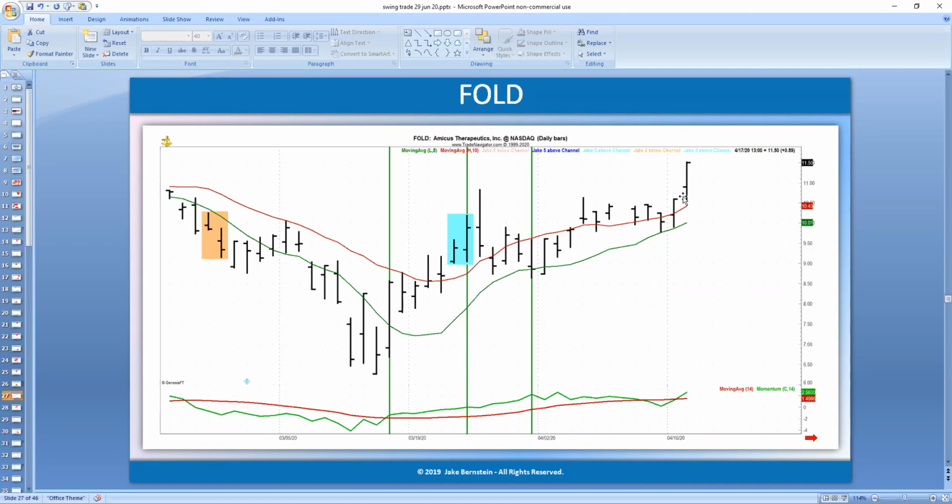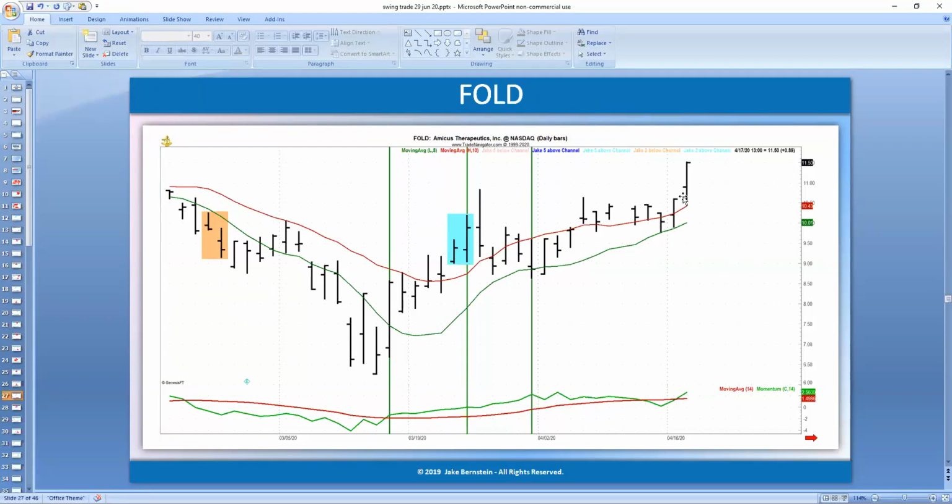At the end of this day, the last bar on the chart, you know a couple of things. Number one, you know there's been a trigger to buy. You know there's been a setup to buy. You know where you want to buy, the green line. You know what your stop will be. You know what your target will be.